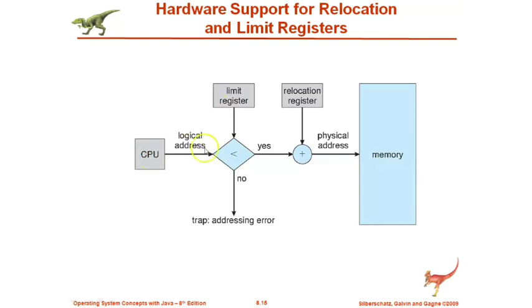After that, the limit register checks whether the request is within the allocated area, or else there is a trap, that is, an error. If yes, only then is it forwarded to the relocation register, which adds a value to this logical address to generate the physical address. After that it is possible to access the memory.